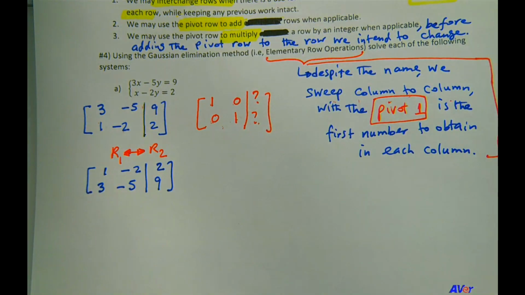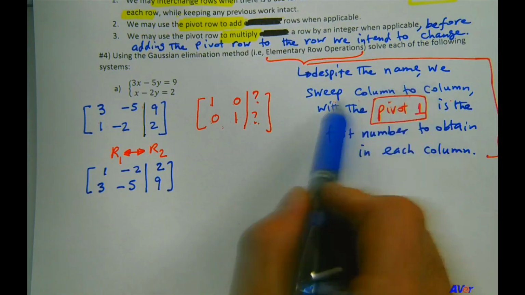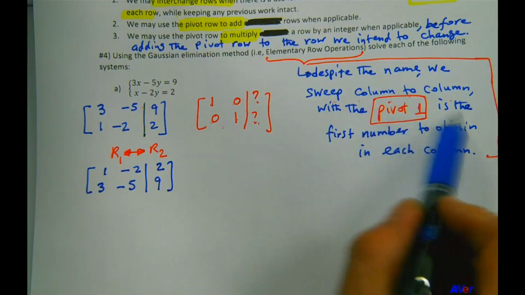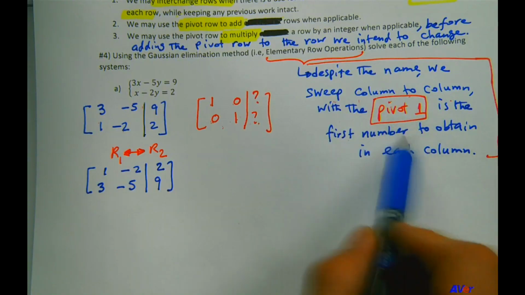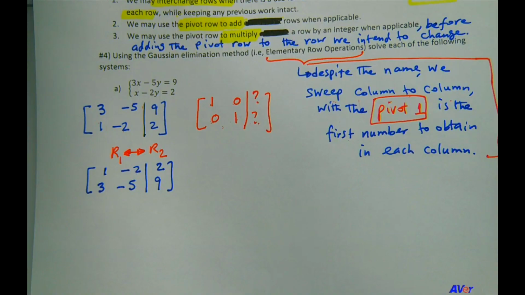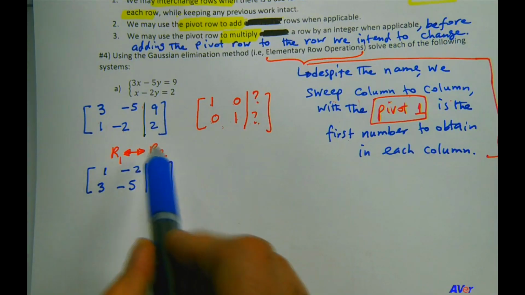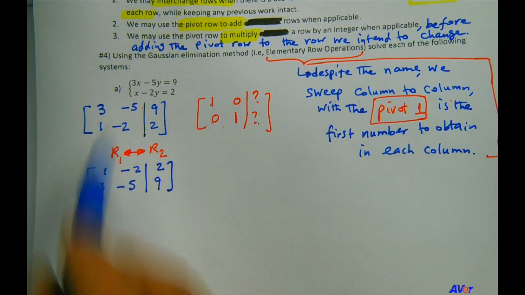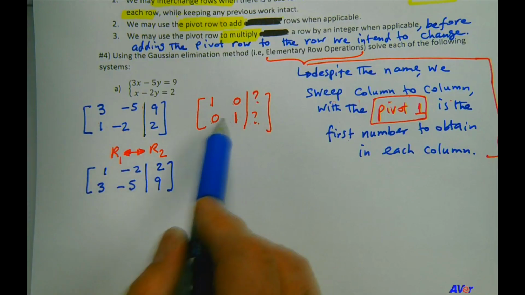Now what do we do? I'm asking you, sitting at home watching this video, what are you going to do next? Remember what I said here. We sweep column to column with the pivot 1 being the first number to obtain in each column. So, will you then compare this with that?